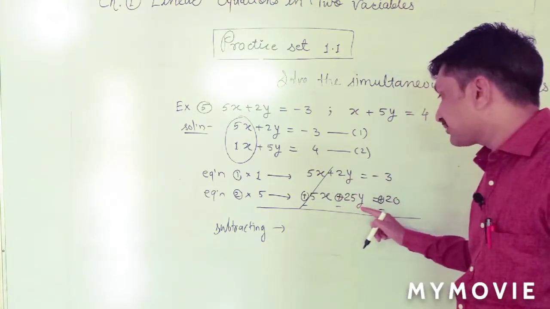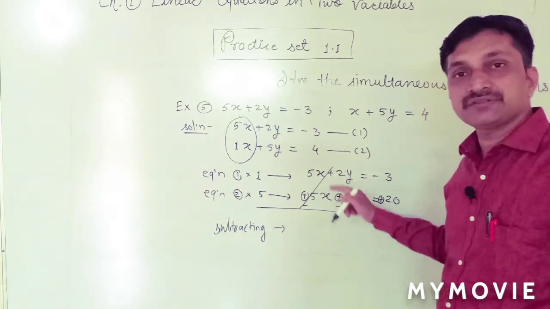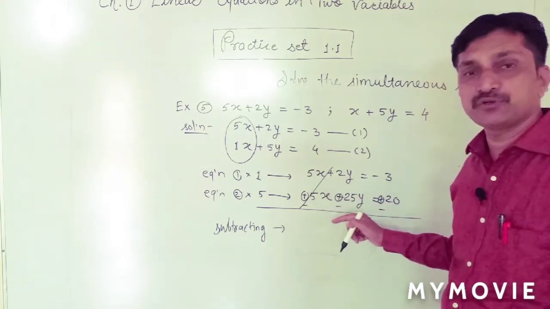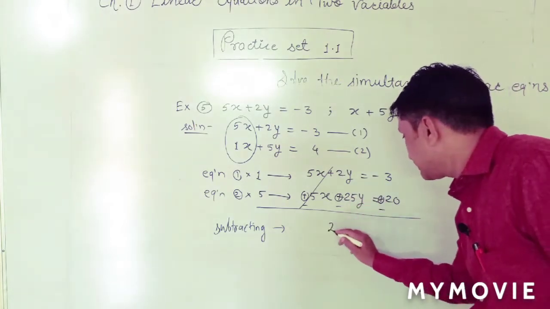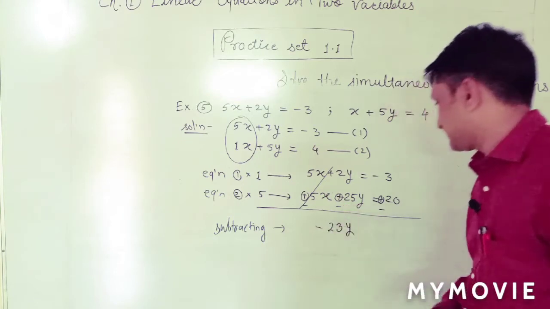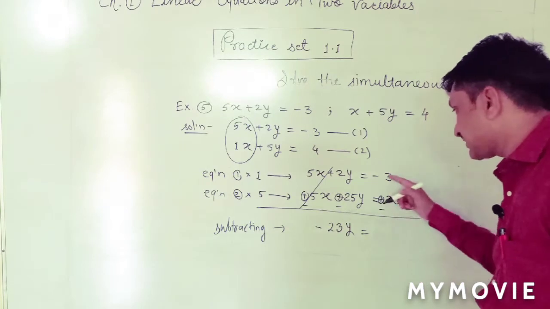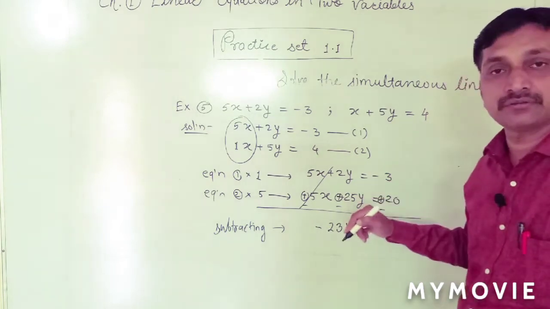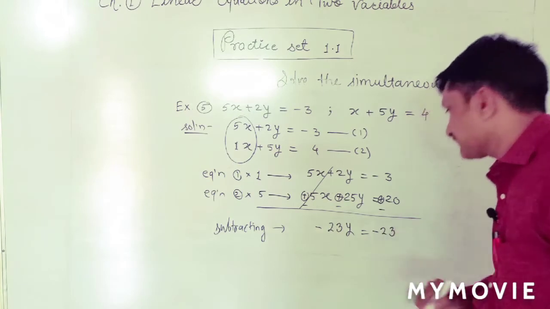2y minus 25y. Here are different signs. If there are different signs, we have to subtract them and give the higher value's sign. Subtraction will be 23y, and the higher value sign is minus, is equal to minus 3 minus 20, same sign, addition, higher value sign. Add them and the higher value sign minus, also 23.